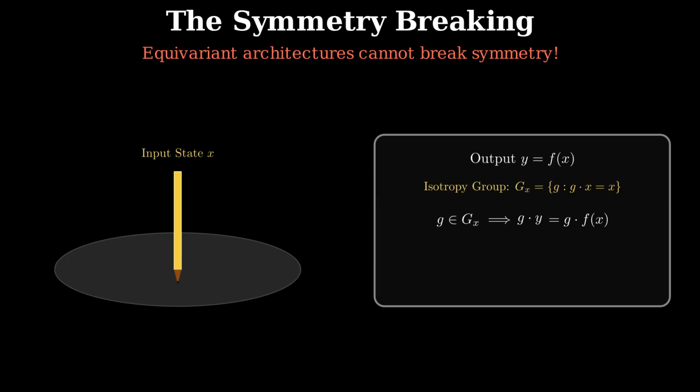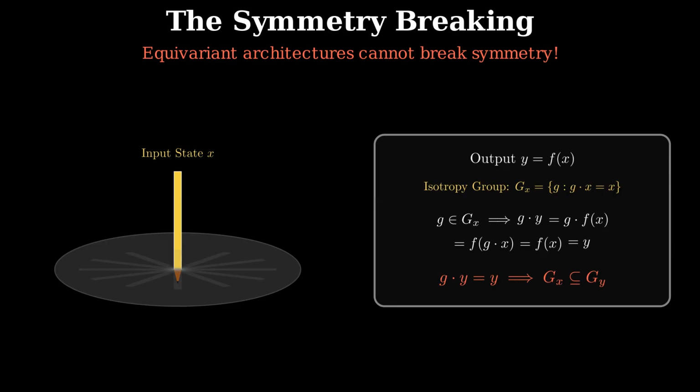Applying g to the predicted output y gives g times f of x. Because the network is strictly equivariant, this is equal to f of g times x. And since g leaves x unchanged, the output collapses back to just f of x, which is exactly y. This proves that any symmetry belonging to the input must be violently inherited by the output. The network cannot break symmetry.